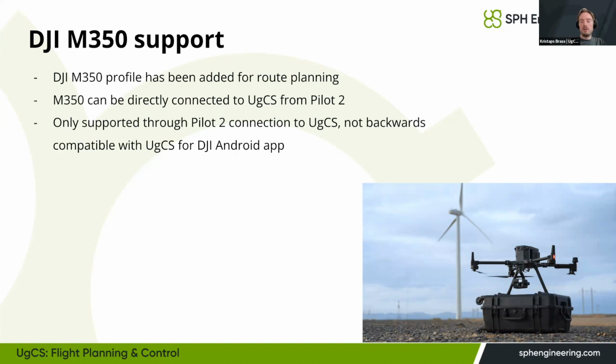I'm really hoping I remember the model correctly, but in any case, it's the one with the larger screen that by default comes with the M30 drones. So even if you use it on the M300, in that case also you'll have to use direct connection from Pilot 2. You won't be able to use it with UgCS for DJI Android app.